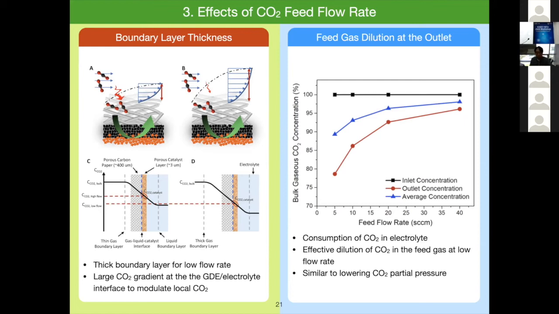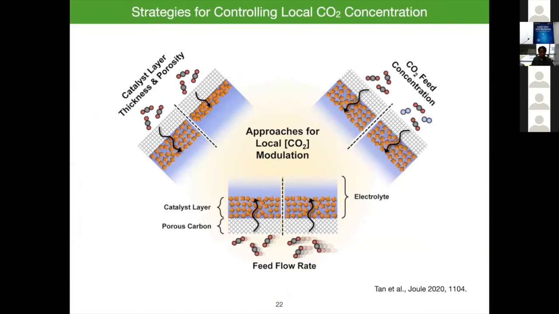So the feed flow also influences the local concentration. So we have 3 ways to control the local CO2 concentration. For example, you can change the flow rate. You can change the partial pressure. You can also change the thickness of the catalyst layer or the porosity.